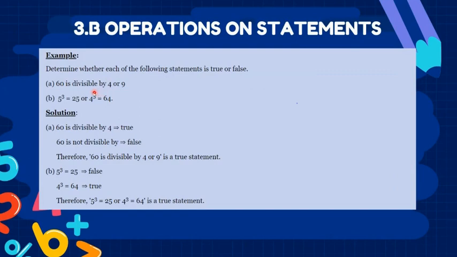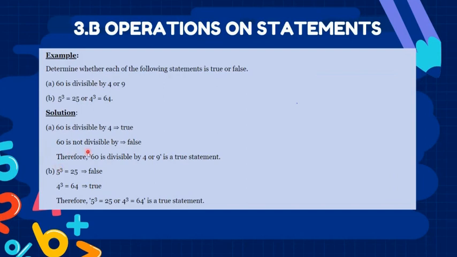For the solutions, the first one, A: 60 is divisible by 4. This one should be true. The next one, 60 is divisible by 9, is false. As you can see, one of the statements is true and one is false.